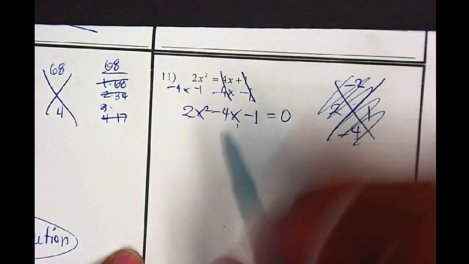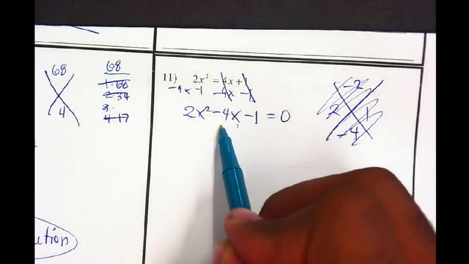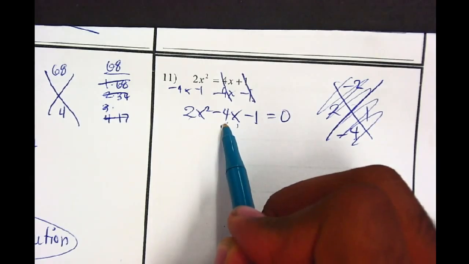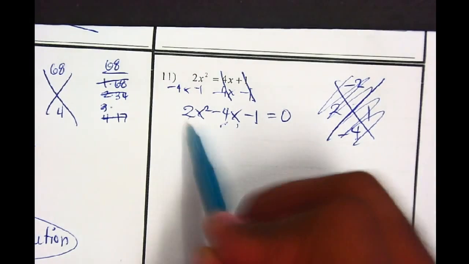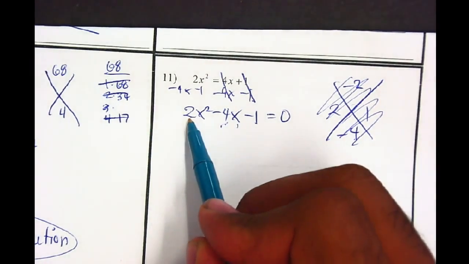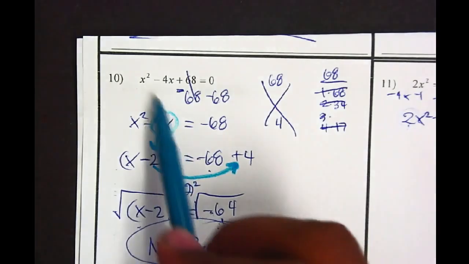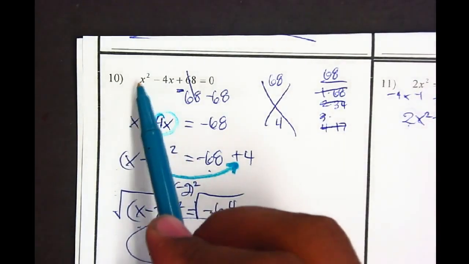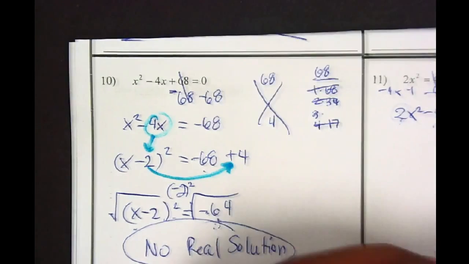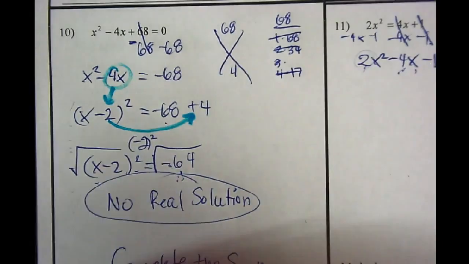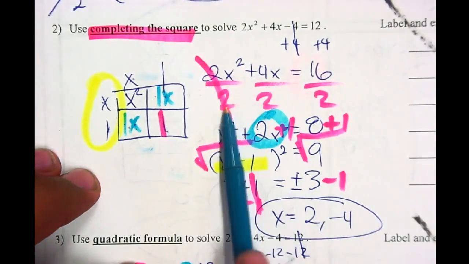Well, if I complete the square, I would have to take half of this number. And I can take half of that number. But the problem is with completing the square, I can't have a number bigger than 1 here. Because if you remember over here on the left, when I completed the square, I started with x squared. And if you also remember, when we first went over the first page and we completed the square, I divided everything by 2.